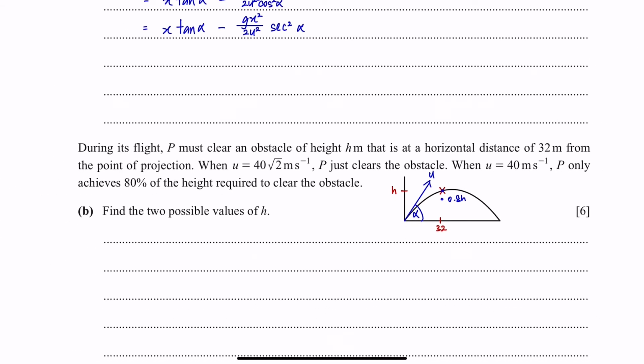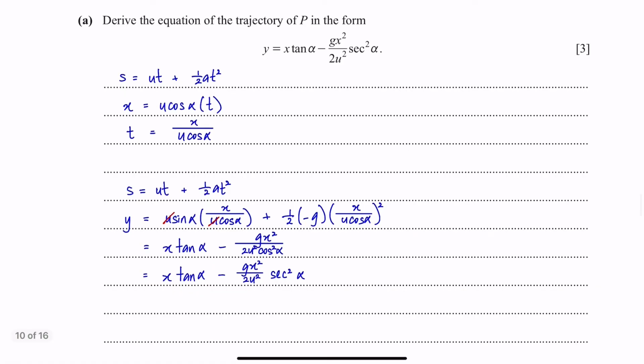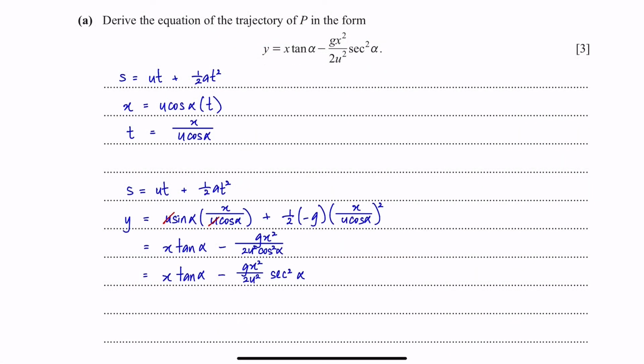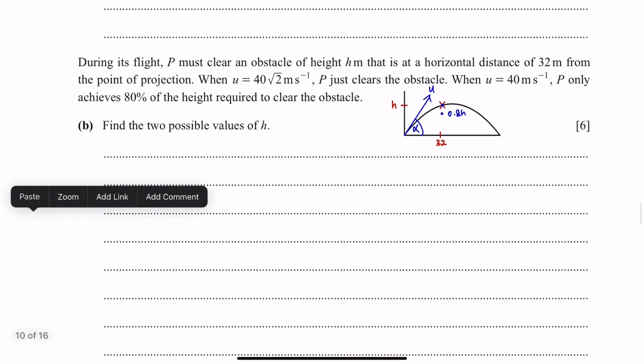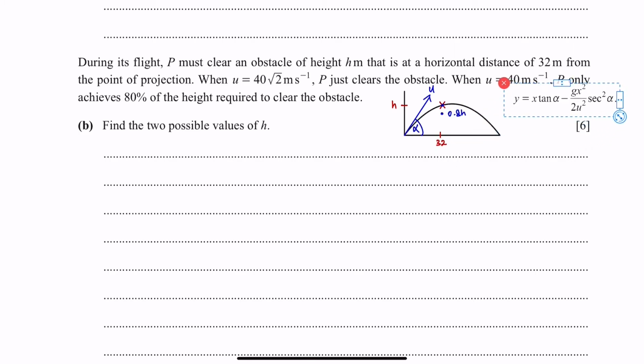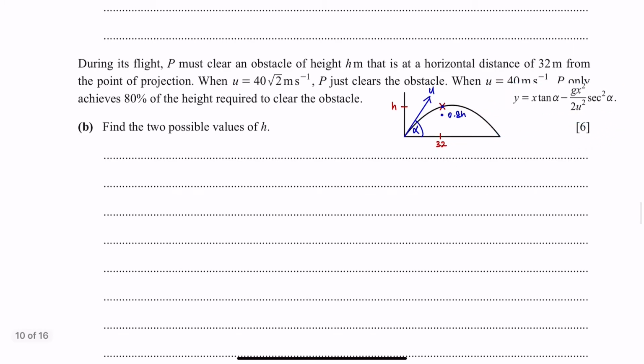So now we have the equation of the trajectory. We have this equation, and we can just sub the values of y and x, and also u, into the formula. First we would consider, okay, this would be y and this would be x. First we consider y equals h for u equals 40 root 2.